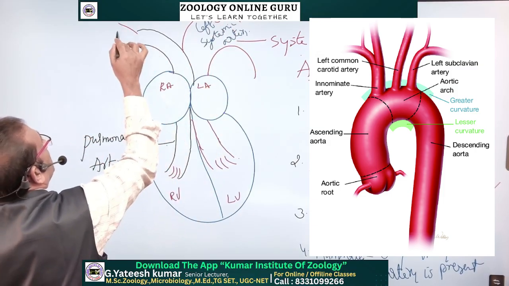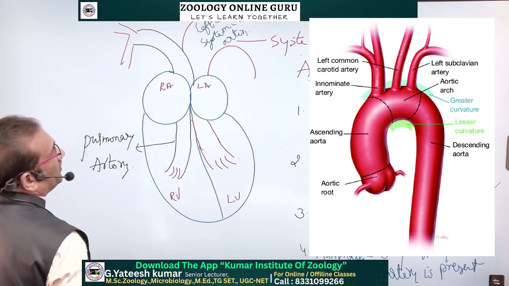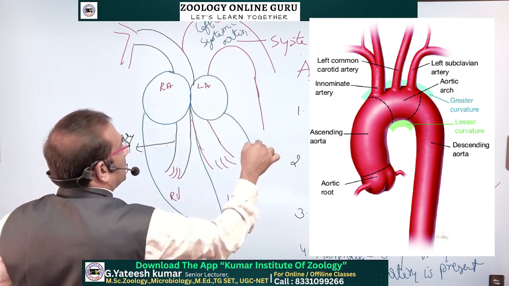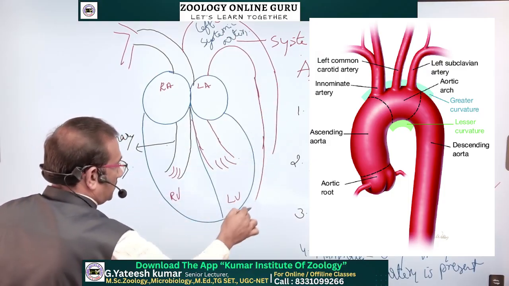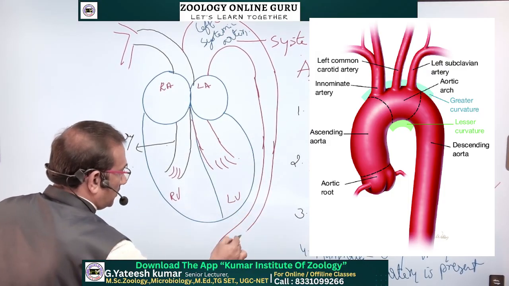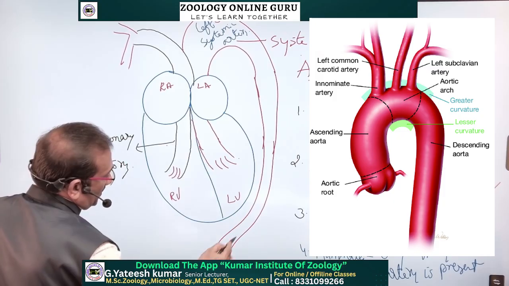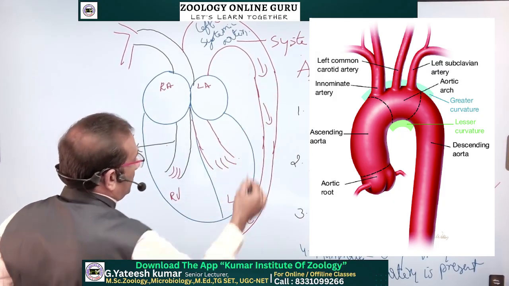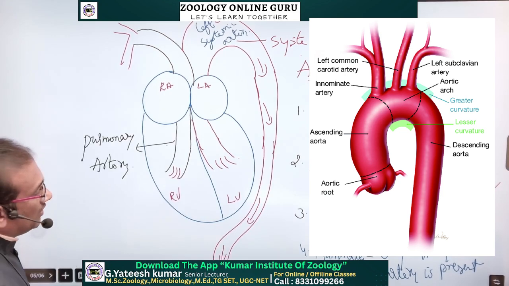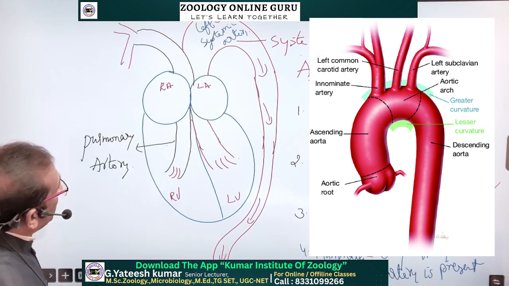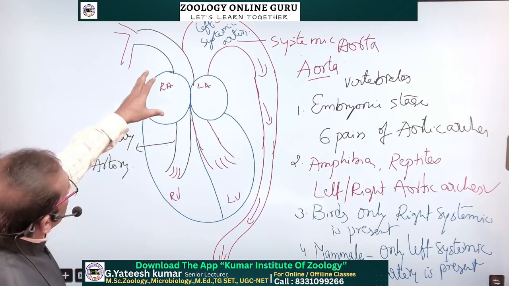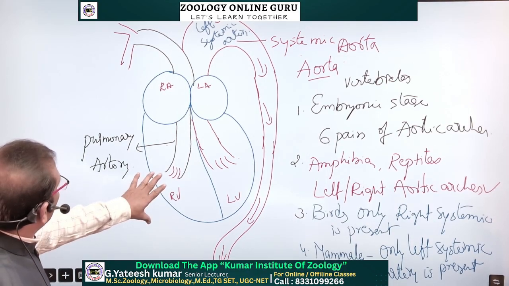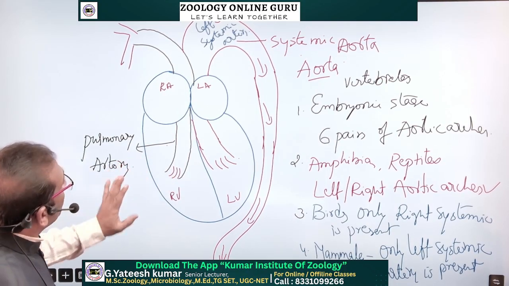The pulmonary artery goes to the lungs for purification, and the blood comes down and goes up to all the body parts. It transfers the pure blood to all the body parts in the mammals, in our body. So this is about the systemic arch, aortic valves and pulmonary valves.